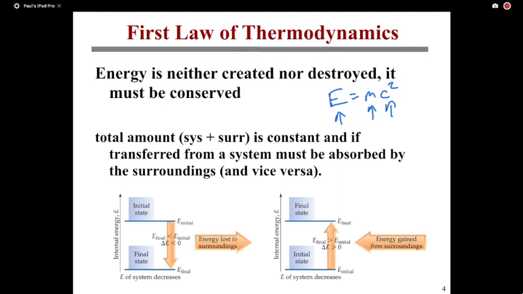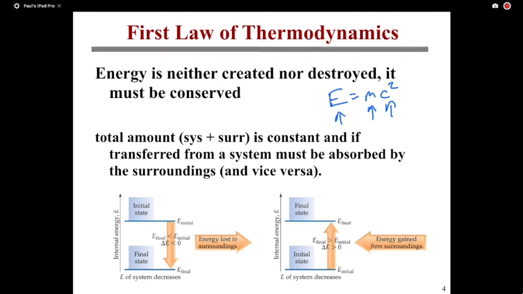Mass can be converted directly into energy. So the best way to describe what truly happens in the universe is there is a law of conservation of mass and energy. Mass can be lost based upon Einstein's equation, but it is converted directly into energy.